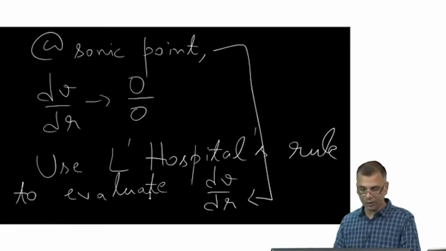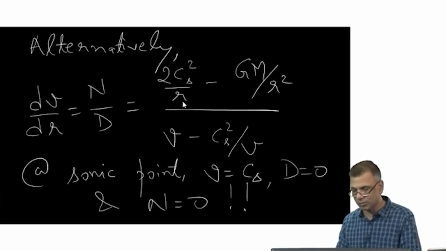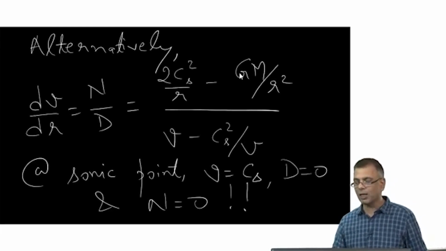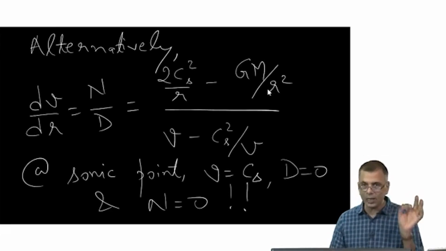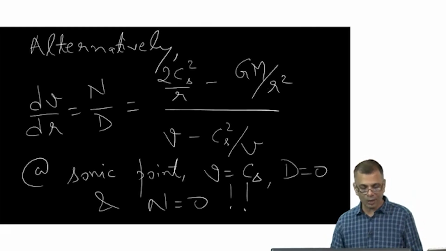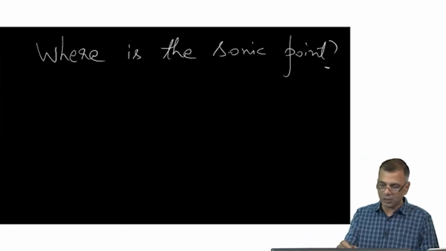So this is the thing. Now, when does the numerator become 0? Well, let's look at the numerator. Suppose I want the numerator to become 0. In other words, I force 2Cs squared over r to be equal to GM over r squared, and this does not happen everywhere. This happens only at r equals r sonic. Okay, so let us now ask, where is the sonic point?